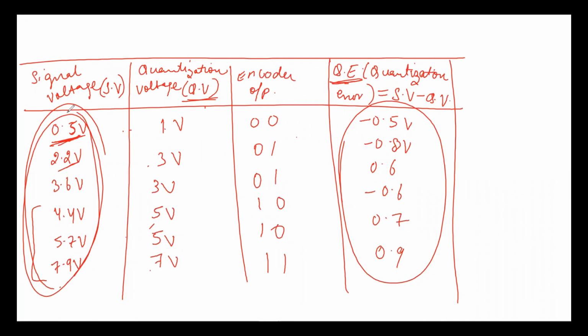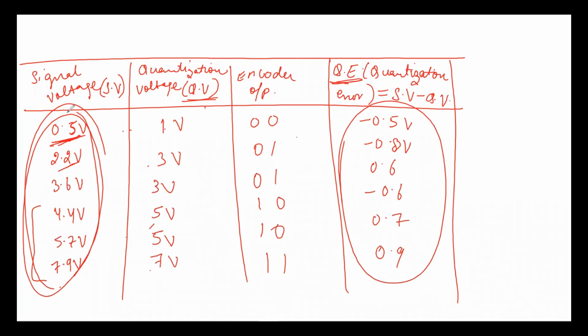Each of the sample corresponds to a specific step and will be rounded off to the middle of a step, or to the nearest quantization voltage.